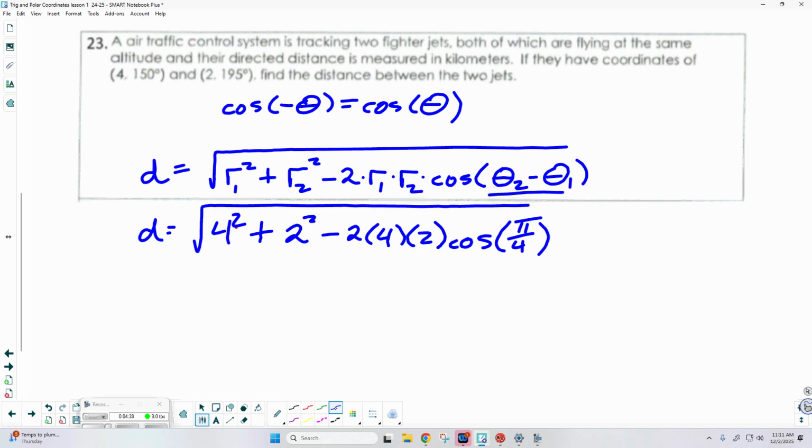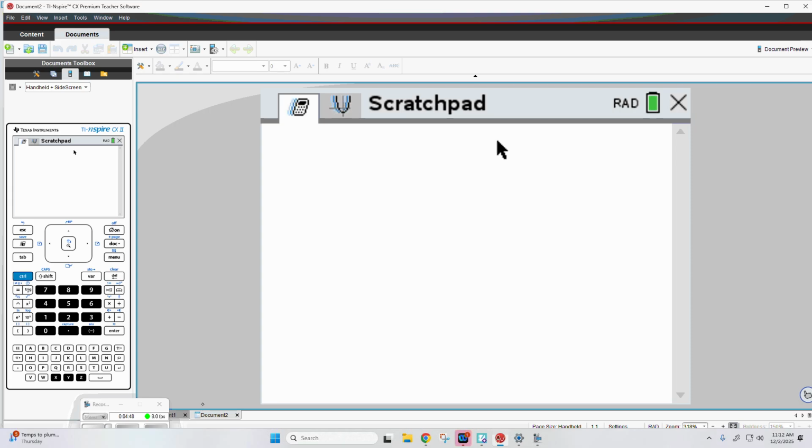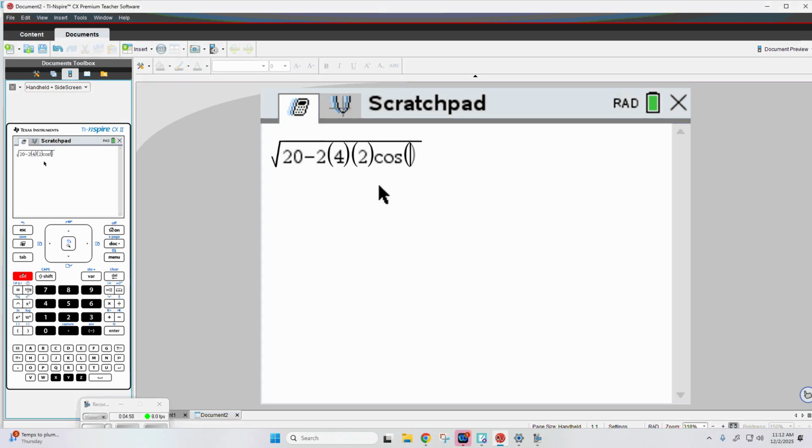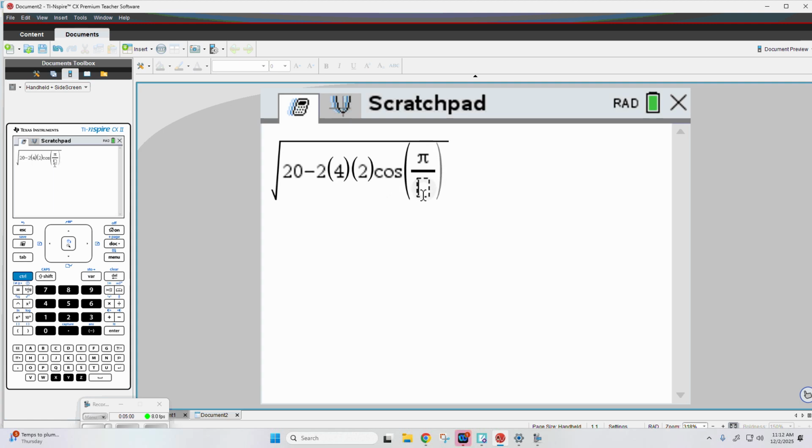Okay, so at this point, let's plug in what we've got. We have 4 squared plus 2 squared, so I'm going to start with the square root of 20, 16 plus 4. Then it would be minus 2 times 4 times 2 times the cosine of pi over 4.